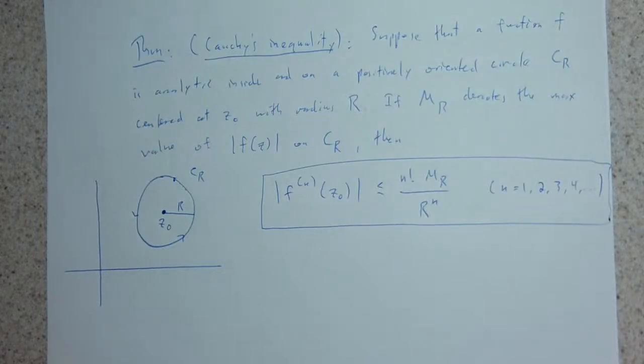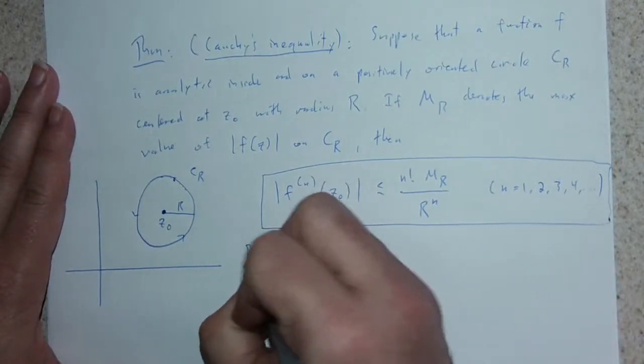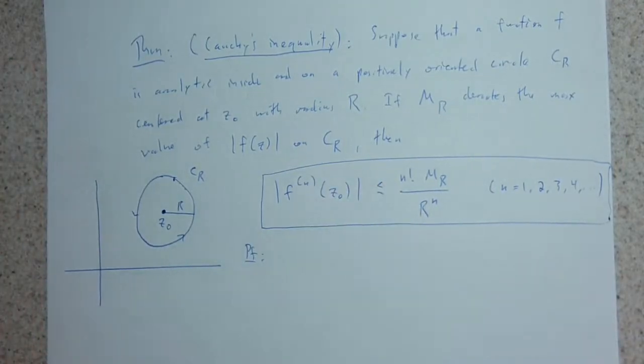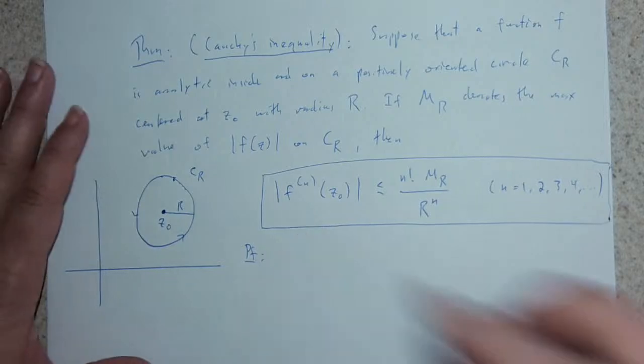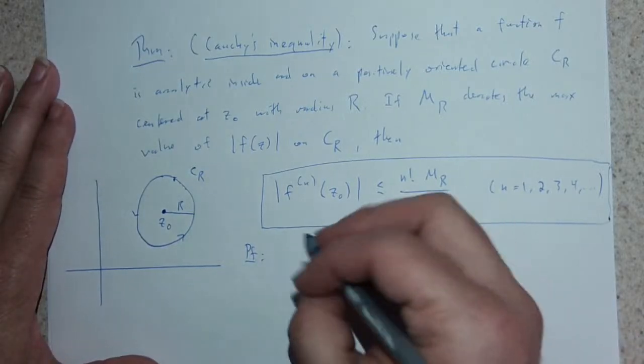Now, how do I prove this? The proof is actually pretty easy. It is immediately true from our earlier work on bounding these contour integrals, or bounding the modulus of these contour integrals. So just apply this directly to the extended Cauchy integral formula.